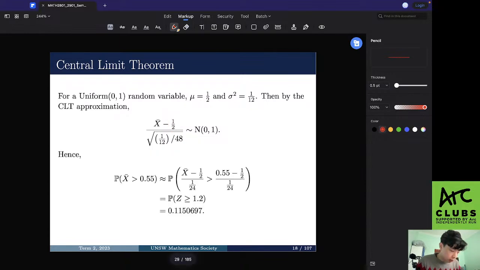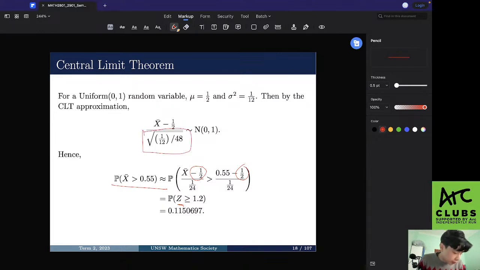And based on this, we recognize that the probability that the mean is greater than 0.55 can be turned into the normal distribution. The way we do this is we take away the mean on both sides, and then we divide by this constant right here.